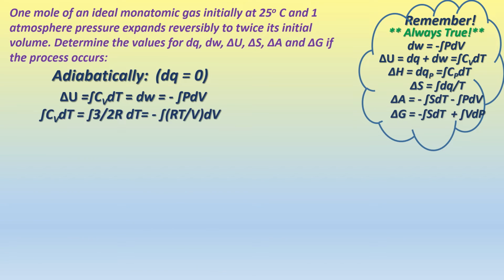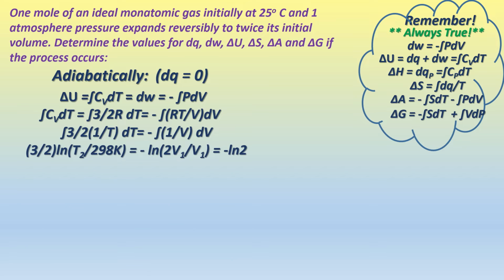Once again, since heat is constant, pressure can't be constant. So you take an ideal gas law substitution where pressure is RT over V, and you notice that the value of the heat capacity at a constant volume for an ideal gas is 3/2 R. Your R's are going to cancel. You cross multiply by T. You get the integral of 3/2 1 over T dT is equal to minus the integral of 1 over V dV.